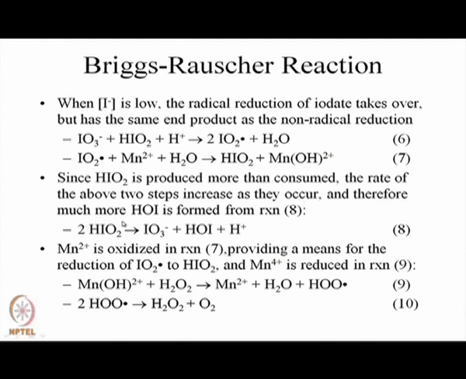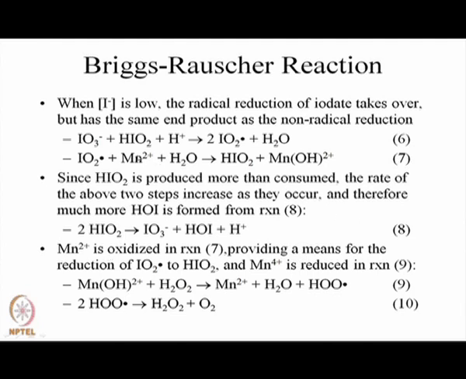And therefore much more HOI is formed from reaction 8. So more of this is formed, because when I- is low, this radical reaction is predominating, and Mn2+ is oxidized in reaction 7.